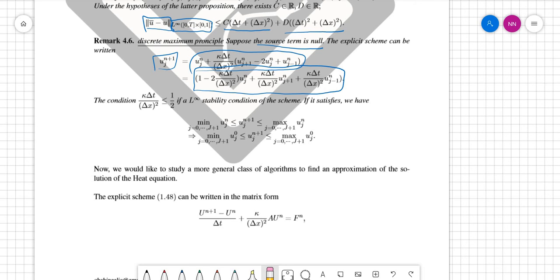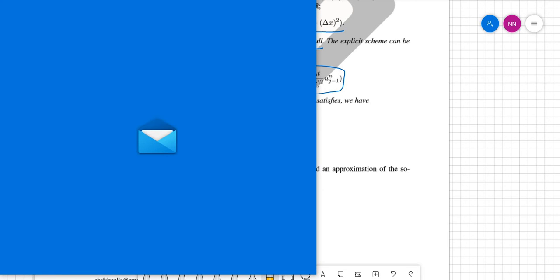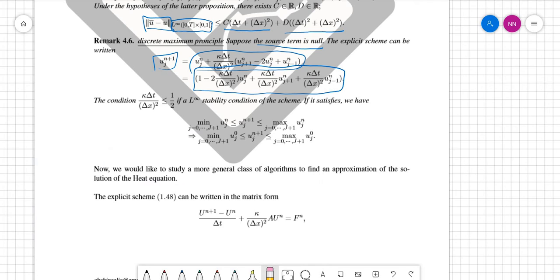So in the last video we talked about the discrete maximum principle, which was given by this formula in here.